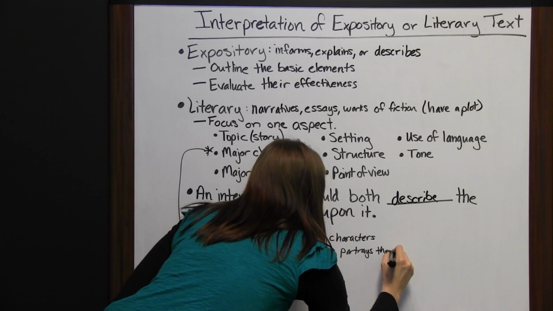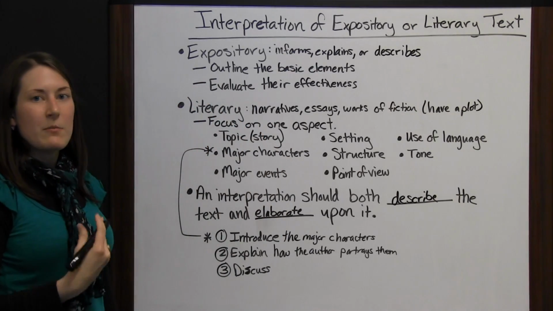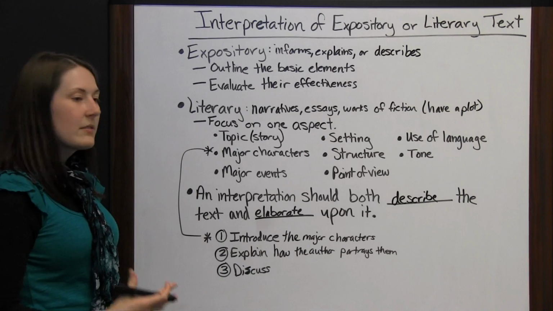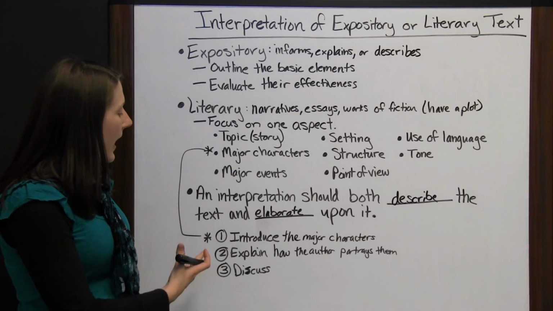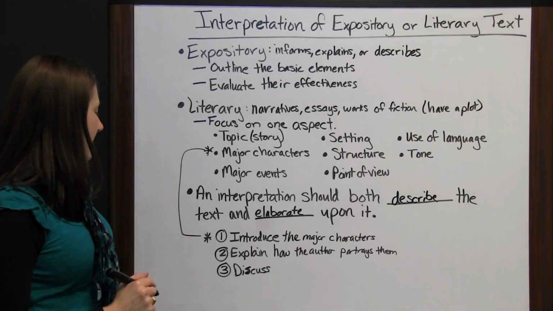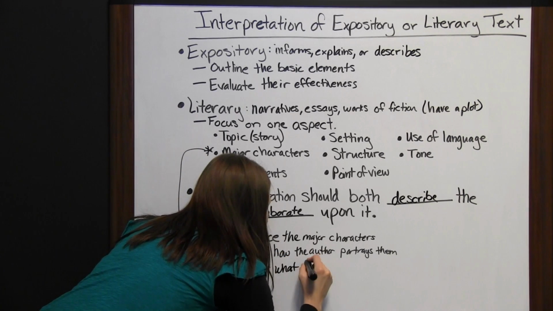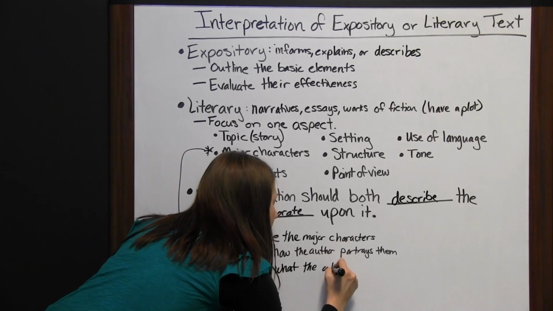Are they liked by other characters? Are they meant to be a villain or a hero? Are they just an everyday Joe? How does the author portray these characters? And then discuss what the author's purpose was.